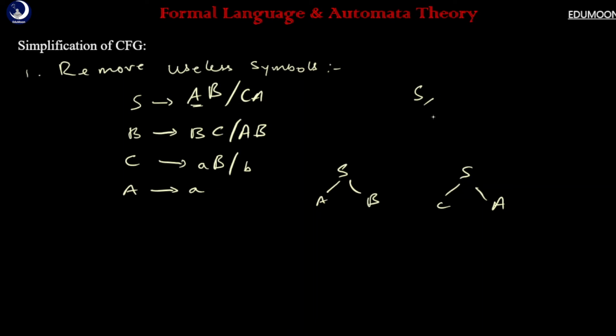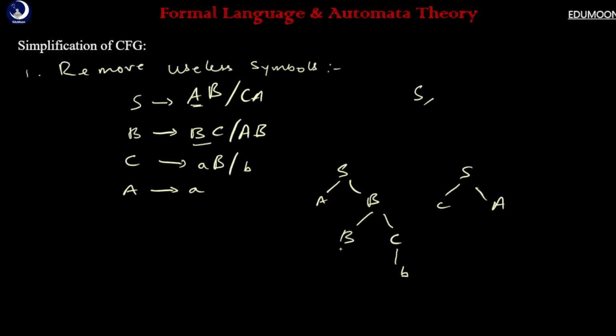Now you can see the derivation part. B is generating B and also C. Somewhere in the derivation tree, the C can generate the terminal b, so it can stop the process.